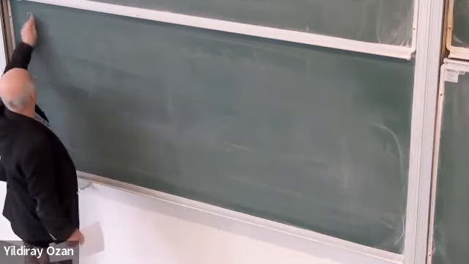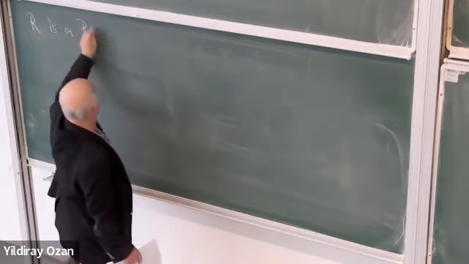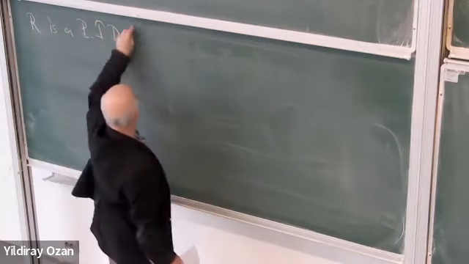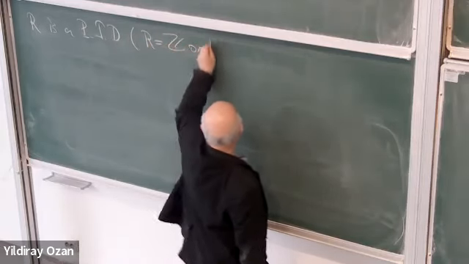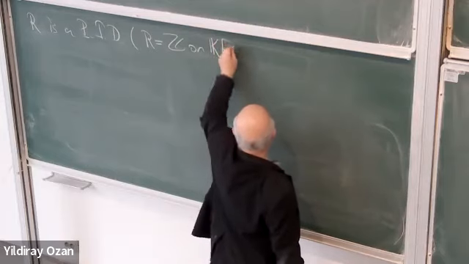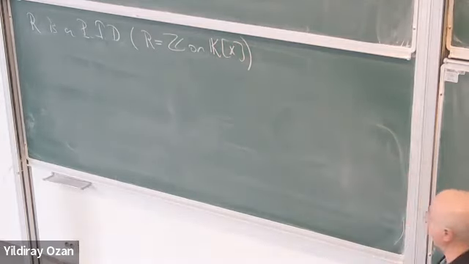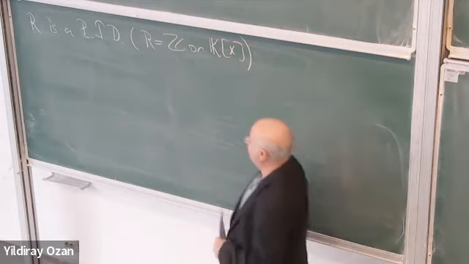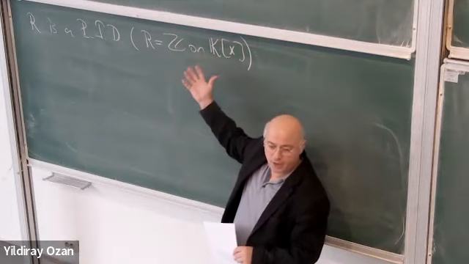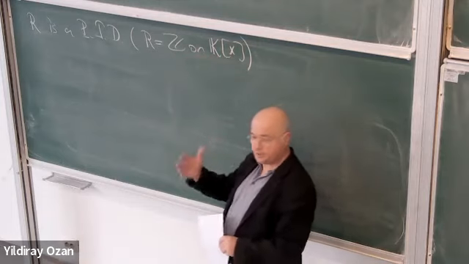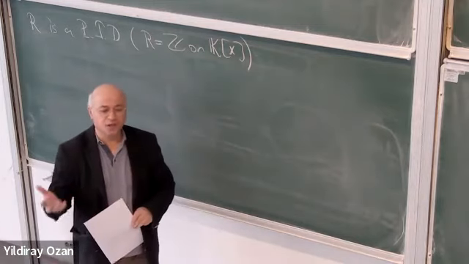So R is a PID, and for us it will be either Z or a polynomial ring over a field. They are basically the same kind of objects. Every ideal is principal, and the reason is their division algorithm.